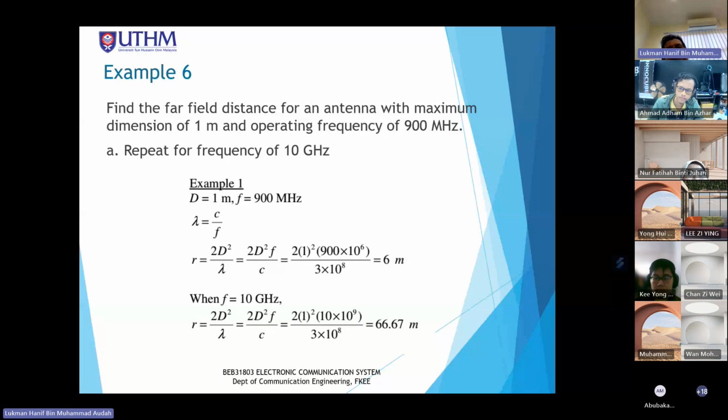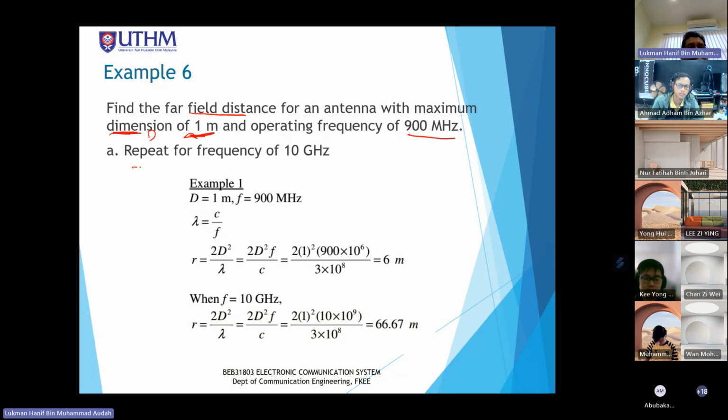So for example 6, find the far field distance for an antenna with maximum dimension 1 meter. The dimension here means the diameter, the d parameter, operating at frequency 900 megahertz.